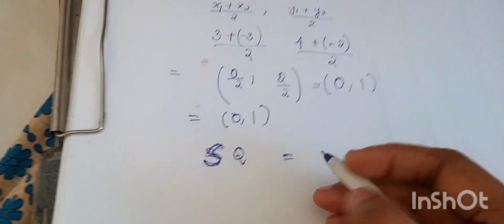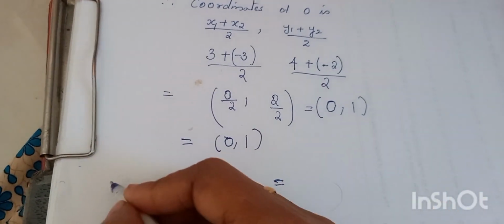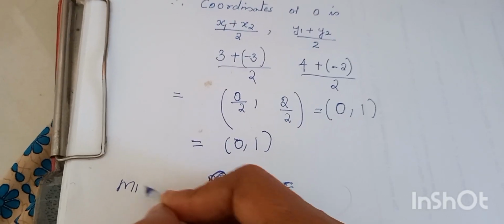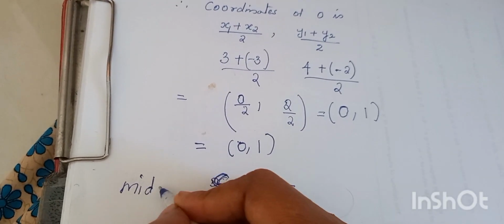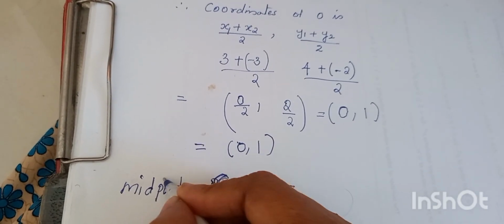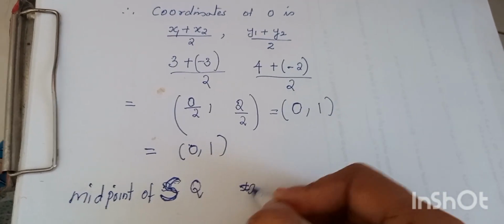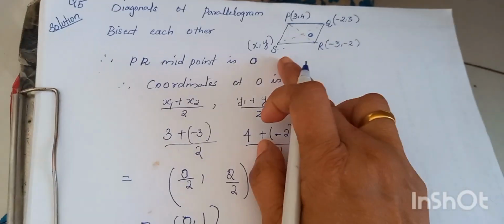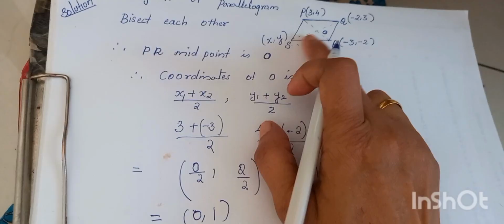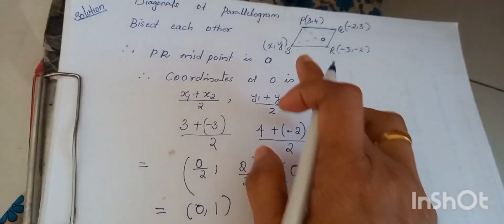What is the midpoint of SQ? It is O. So its coordinates we have to find.